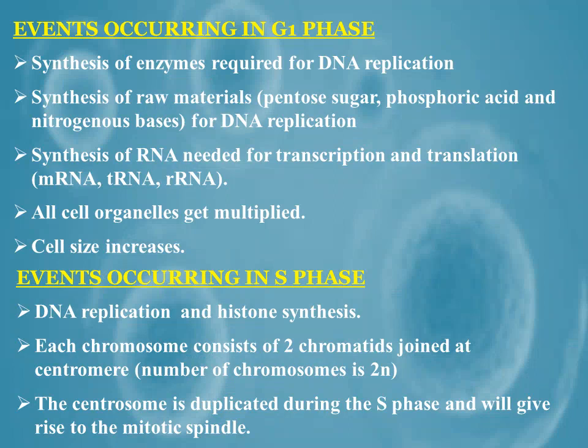Before entering into the events occurring in various subphases, let us learn in brief about the interphase. The period between one M phase and the next is called interphase. Under the microscope, it appears deceptively as an uneventful interlude during which the cell simply increases in size.